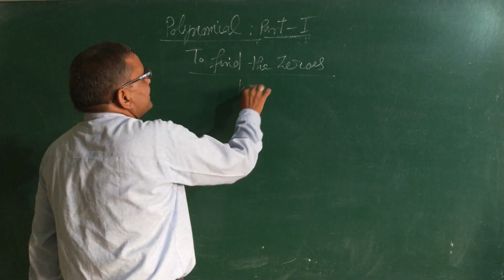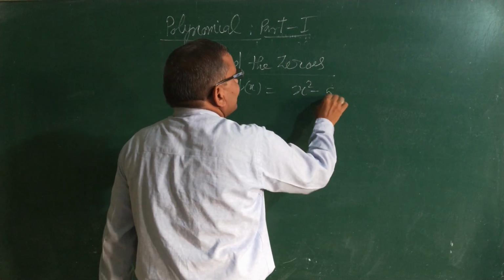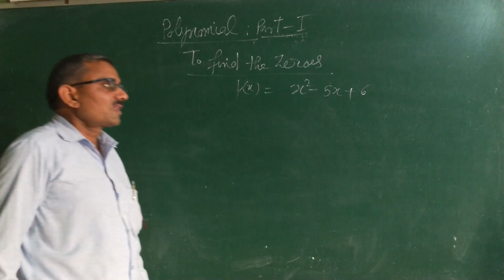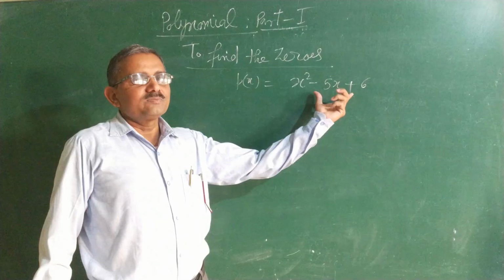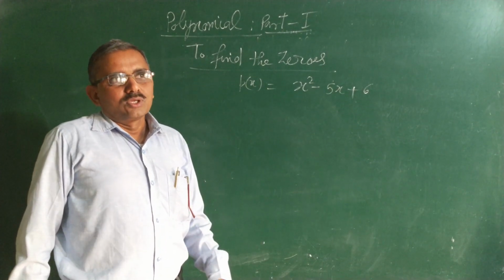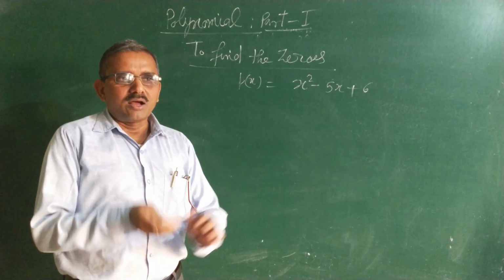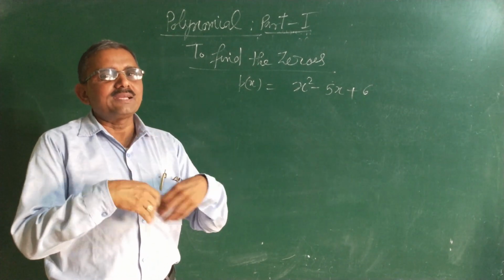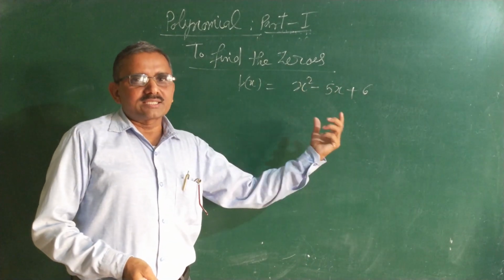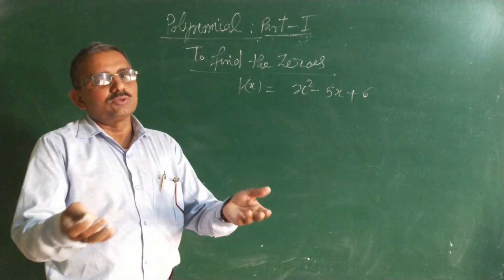Suppose that a polynomial p(x) is equal to x square minus 5x plus 6. This polynomial is given and we have to find out the zeros. So if any polynomial is given, then first of all our aim is to find the factors of the given polynomial, and then after that we have to equate each factor equal to 0.